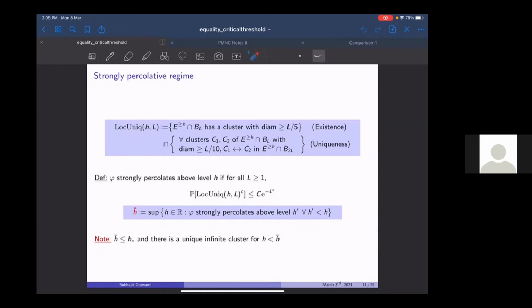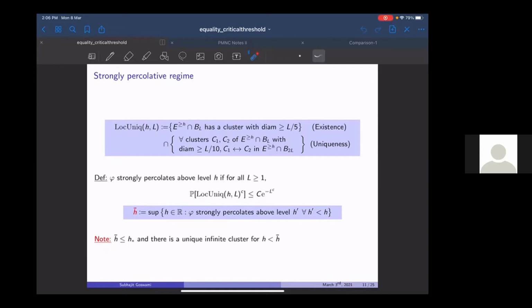In particular, this gives you that below h bar, you actually have an infinite cluster with positive probability. In particular, h bar is less than or equal to h*. If you're below h bar, then you percolate, so you're definitely below h*.